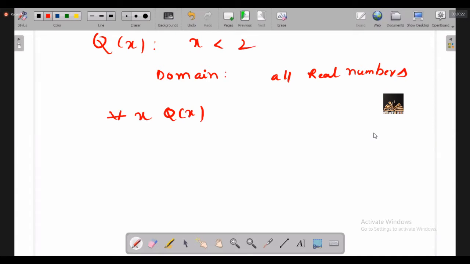Here, if for all values of x the predicate is true, then it is totally true. If any one is false, it becomes totally false. For all means that only when all cases are true does it become true. If any one is false, it is false. So it is false.